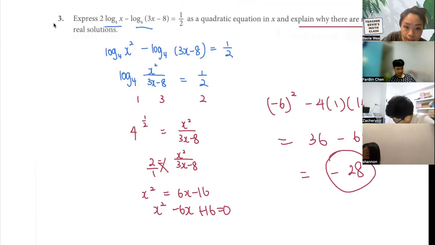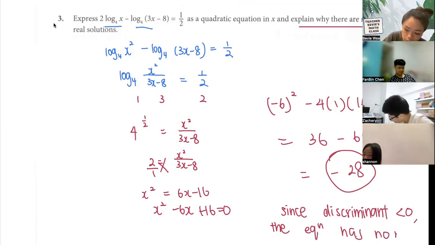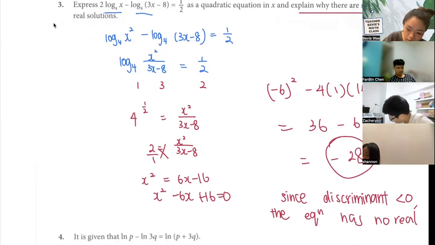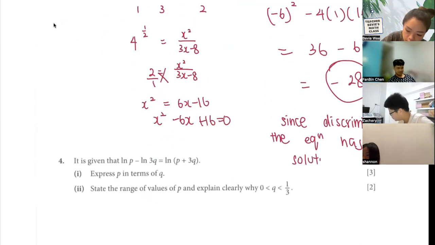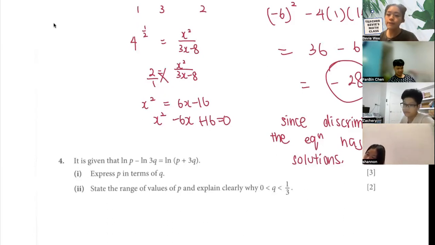Okay, so we write there: since discriminant smaller than 0, the equation has no real solutions, roots. Okay? Means no intersection.